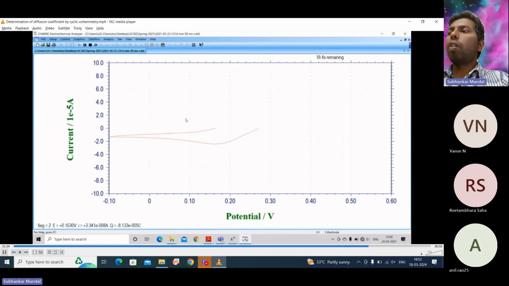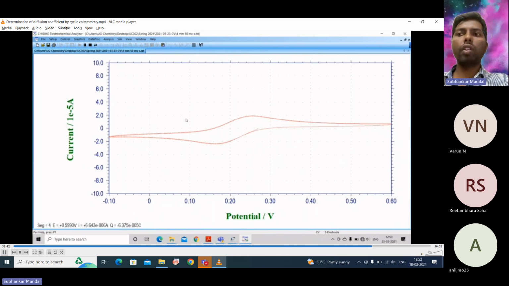If you plot IP, the peak current, versus the square root of the scan rate, from there you will get the number of electrons and the diffusion coefficient of iron 2 plus and iron 3 plus, and the current value also. So all this information you can get.